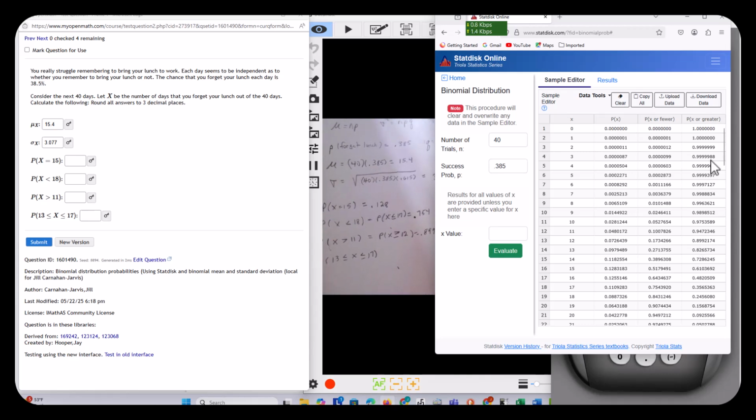And the last one is between 13 and 17, including both 13 and 17. And I think the easiest way to do that one is just to take the probability that x is equal to 13 plus the probability x equals 14. Let me slide this over here a little bit.